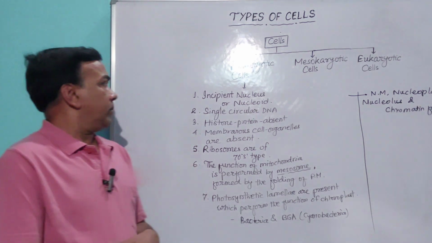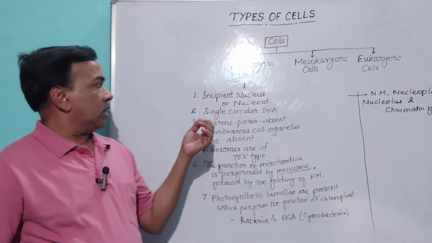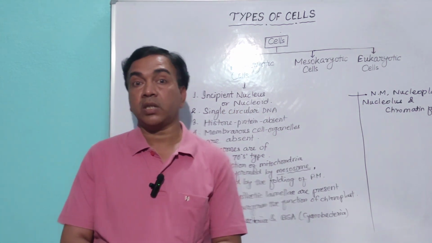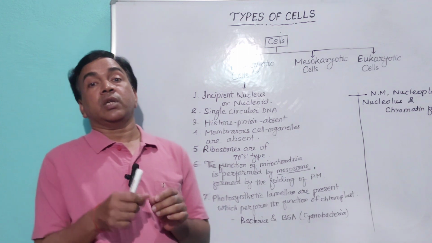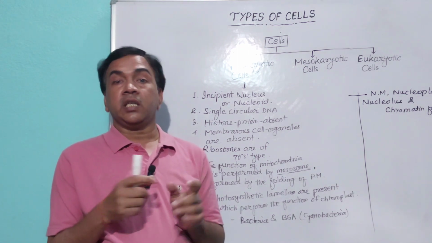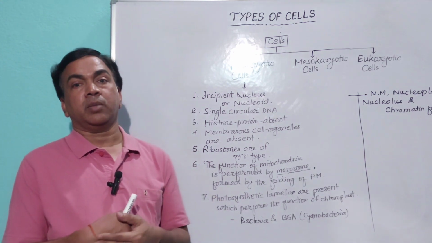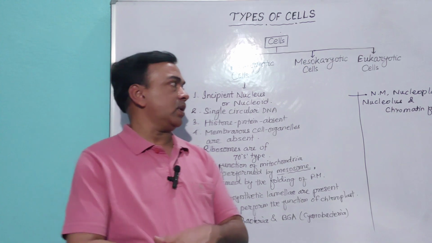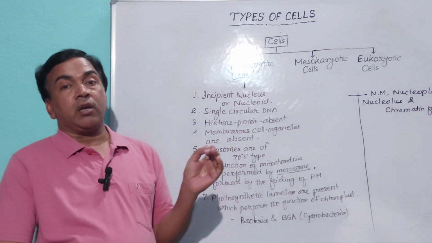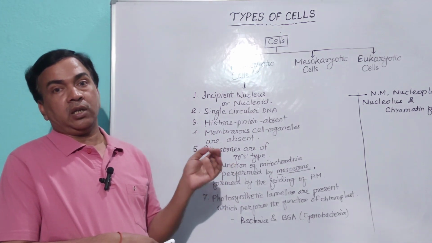In prokaryotic cell the DNA was circular and single, but in eukaryotic cells DNA is linear, not circular, and there are many DNA present in the chromatin fibers. So the DNA of eukaryotic cells are many in number and linear.